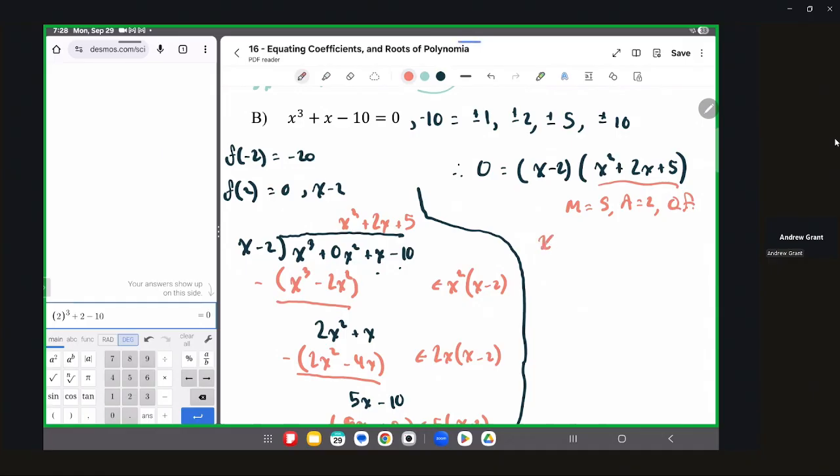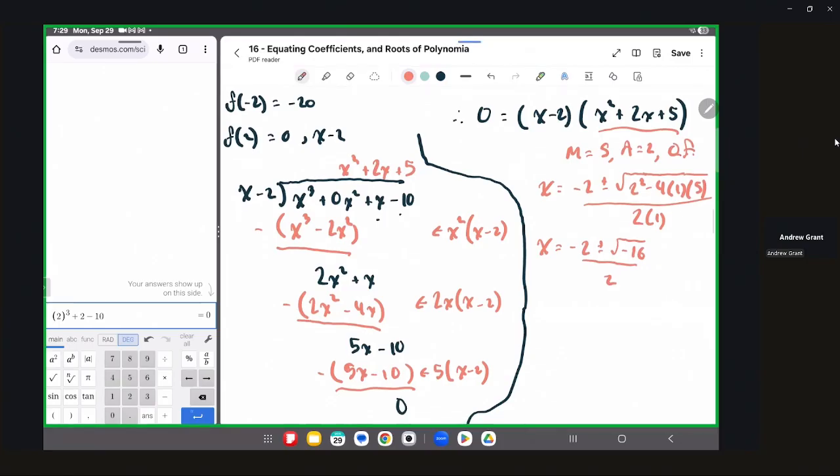And so we have x is equal to -2 plus or minus the square root of b squared, so this will be 2 squared minus 4 times a times 5, over top of 2 times 1. So x will be equal to -2 plus or minus the square root of 4 minus 20, which is -16, over 2.